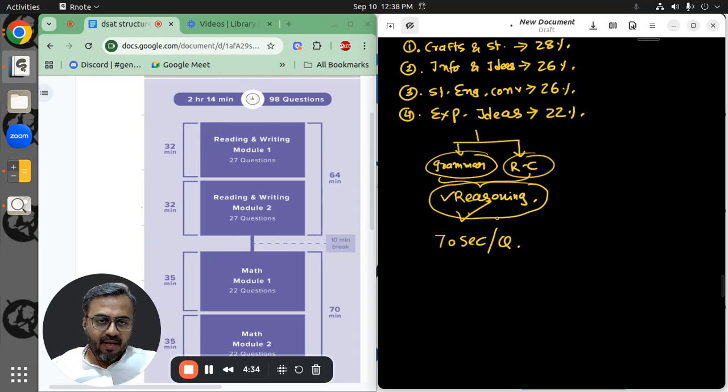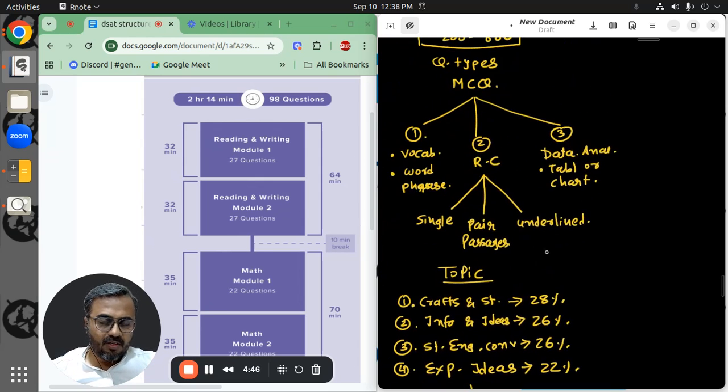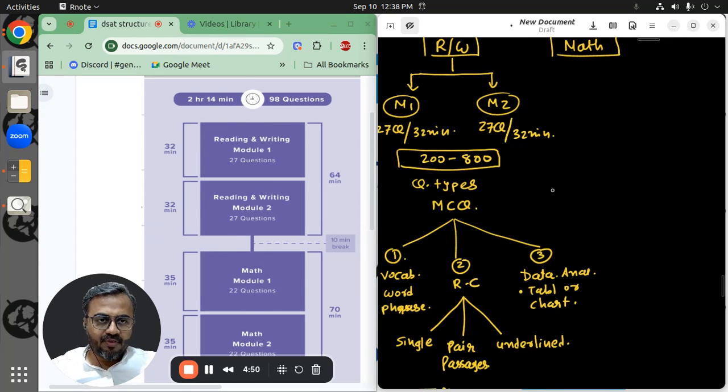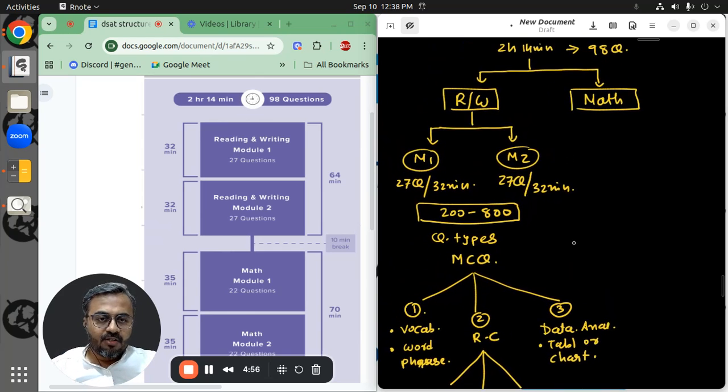So time management is very, very pivotal at this moment. If you want to excel in verbal score, remember this: 70 seconds per question. Otherwise, you will miss out the questions, you will run out of time, and that will result in a bad verbal score and overall DSAT score at the end.